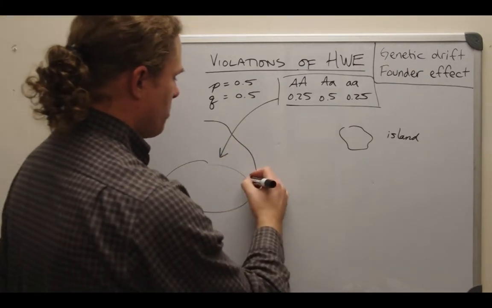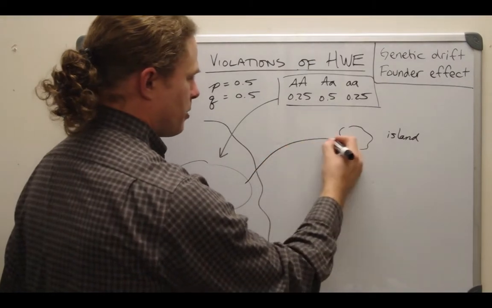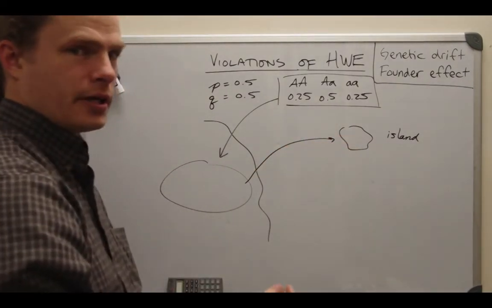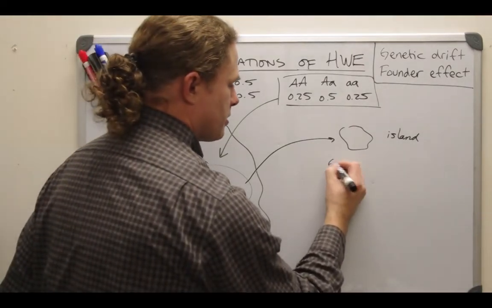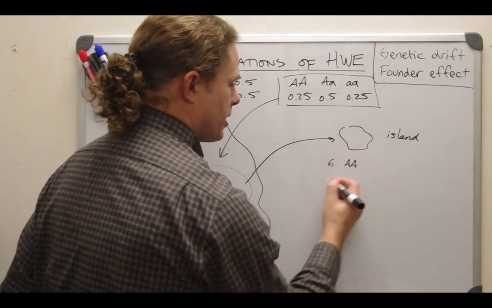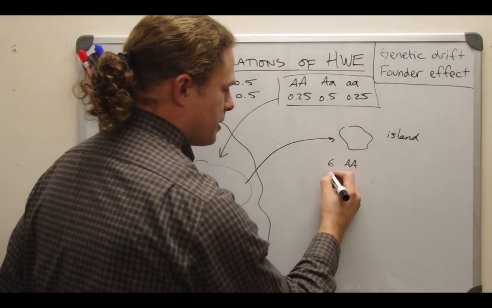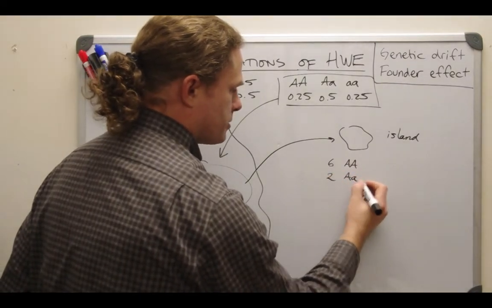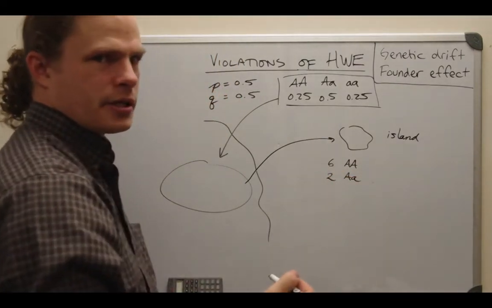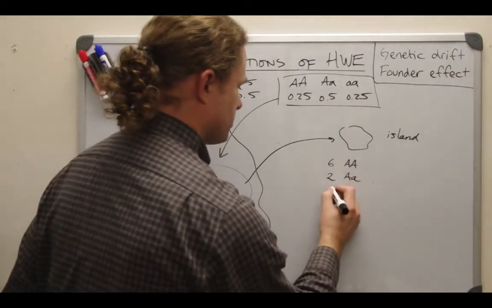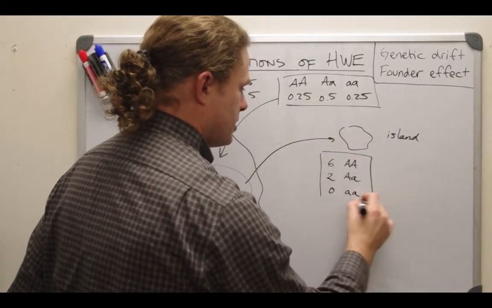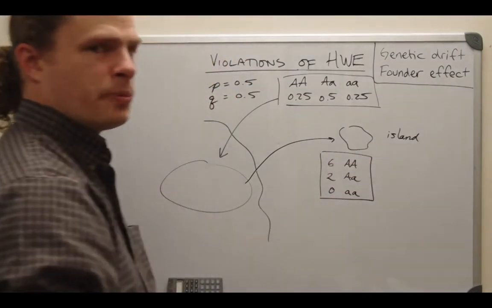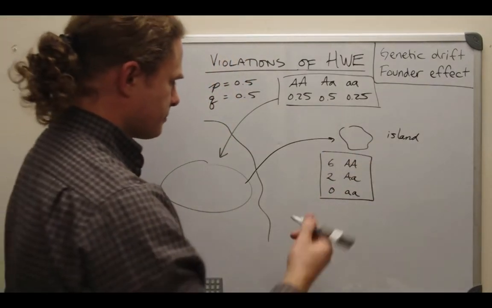Now let's say a small population from this mainland population manages to make it over to the island and found a new population there. And let's just say that there are 6 individuals who are big A that make it over, and 2 that are heterozygotes, and no homozygous recessive individuals make it over. So 0, little a. And these 8 individuals found this new population on the island.